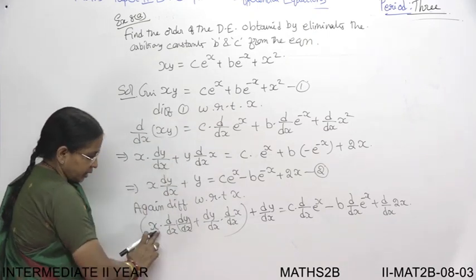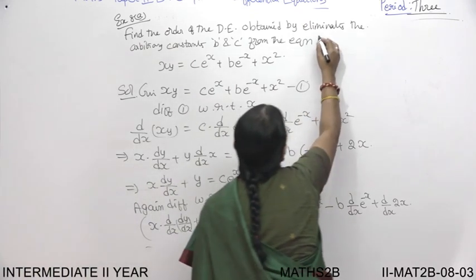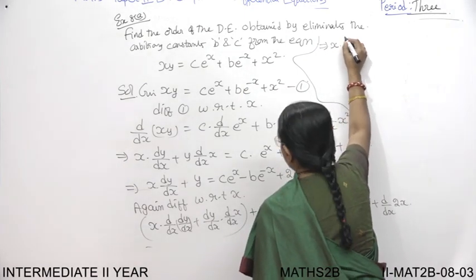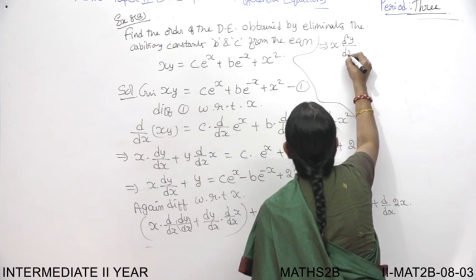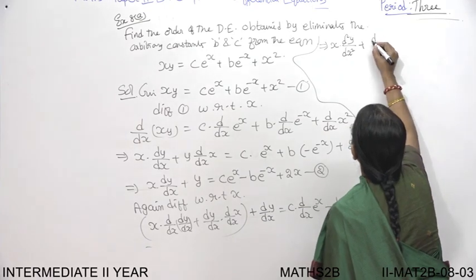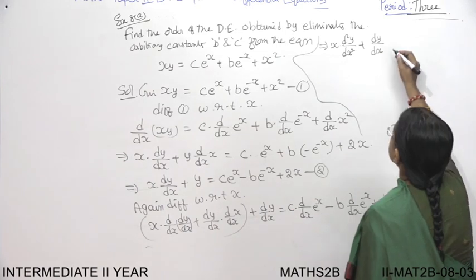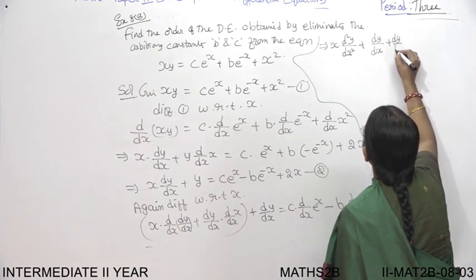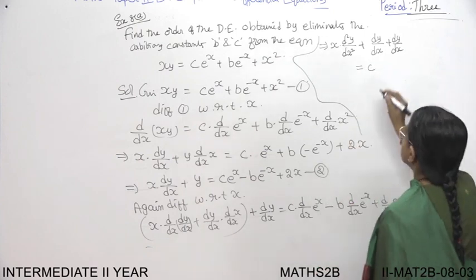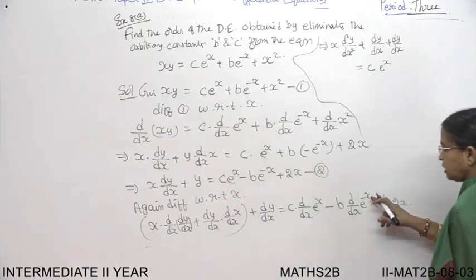Okay. So x into d by dx of dy by dx means d square y by dx square. So that implies x into d square y by dx square plus dy by dx into derivative of x is 1, so plus dy by dx, plus another dy by dx here, is equal to c into derivative of e power x is e power x, and derivative of e power minus x is minus e power minus x.